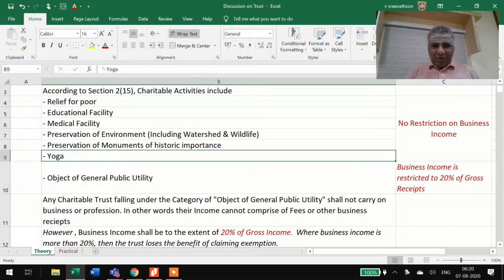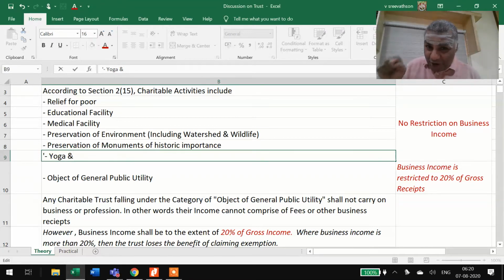If you read the provisions, charitable activities means relief for the poor, educational facility, medical facility, preservation of environment, preservation of monument, yoga, and object of general public utility.